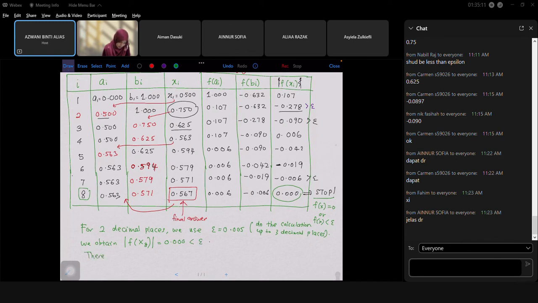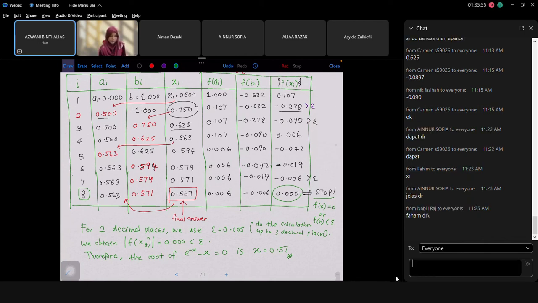Therefore the root of fx, which is negative x minus x equal to 0, is x is equal to 0.57. Kenapa 57? Up to 2 decimal places. Faham tak? Faham tak?